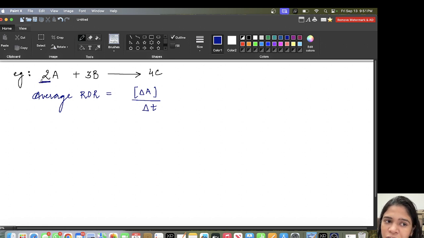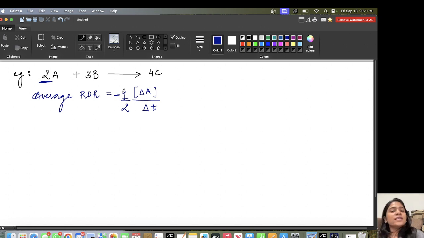What is the coefficient here? 2, so the coefficient comes in the denominator. A and B are the reactants, and their concentration is decreasing. Reactant concentration is decreasing and product concentration is increasing, so we put a minus sign.